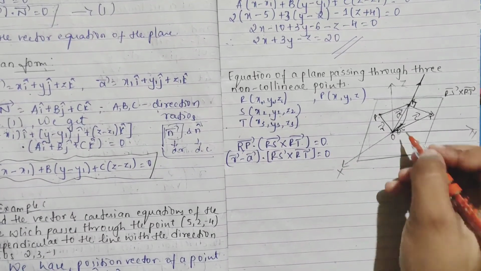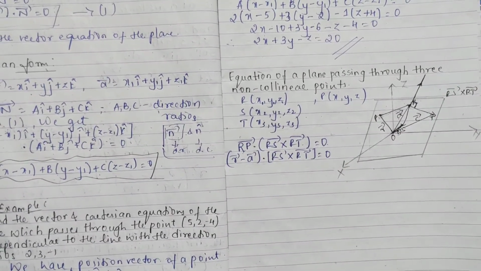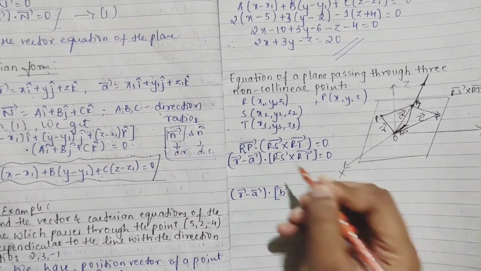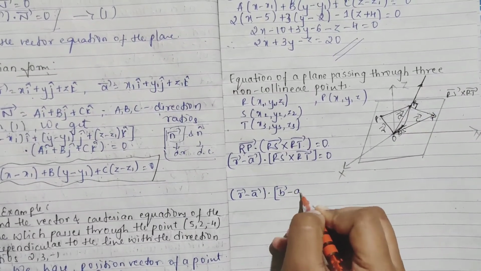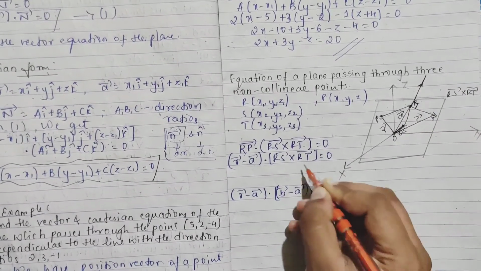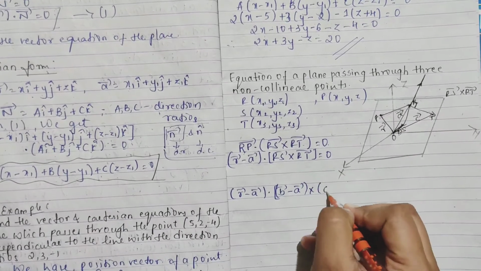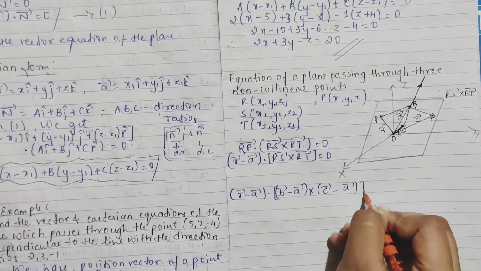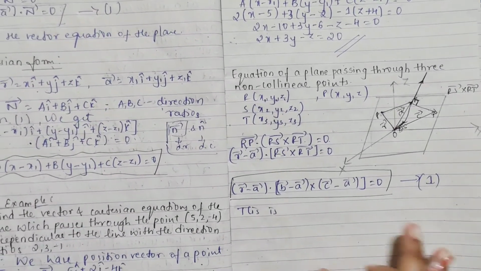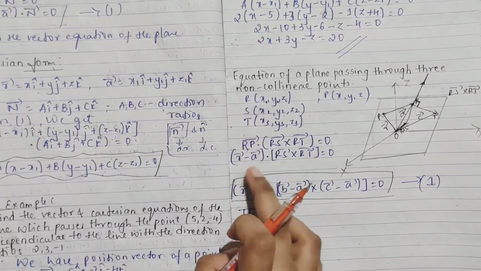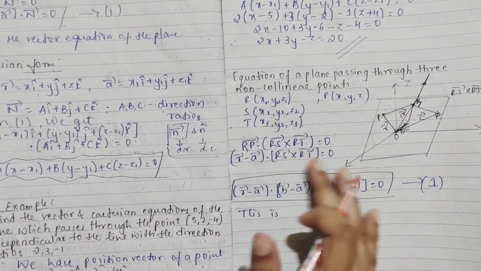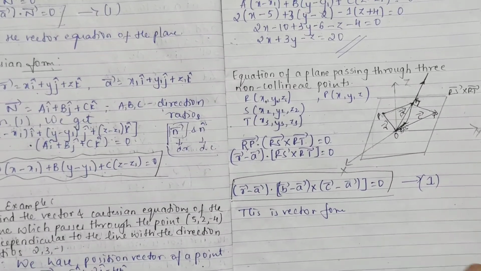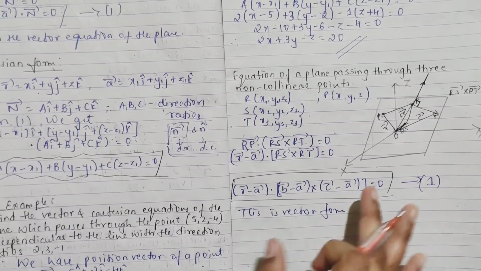So we will see our vector RS: the position vector of S is vector b, and minus the position vector of R, vector a. You'll get the cross of the position vector of T, which is c, minus vector a, which is equal to 0. See, you have got vector r minus vector a, so you have to subtract the position vectors in such a way. So this is your vector form of a plane passing through 3 non-collinear points.